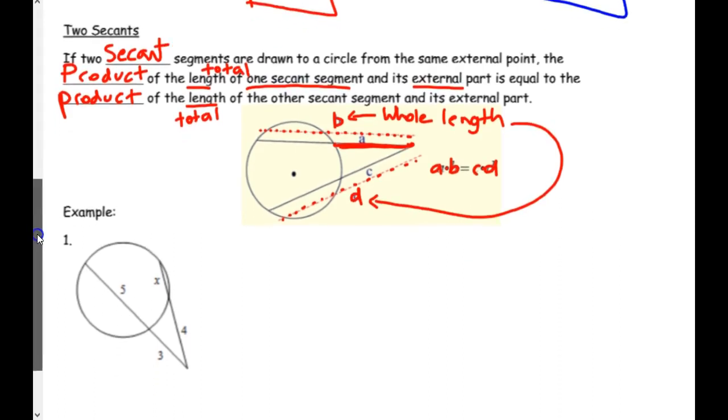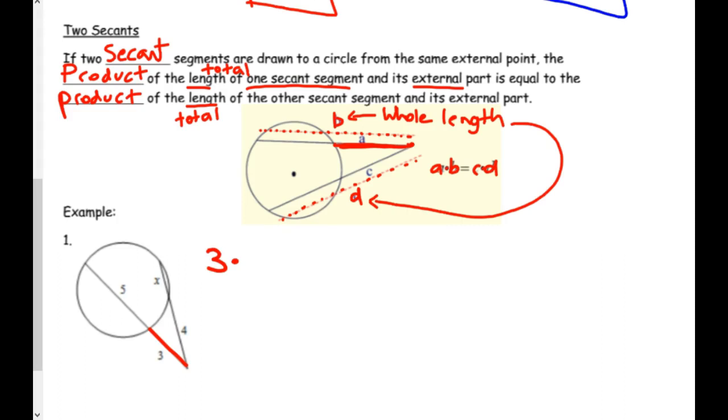Let's look at example 1 right here. First, let's look at the left. On number 1, what is the external segment? 3. So I'm going to put 3 times, what do you think I'm going to multiply 3 times?